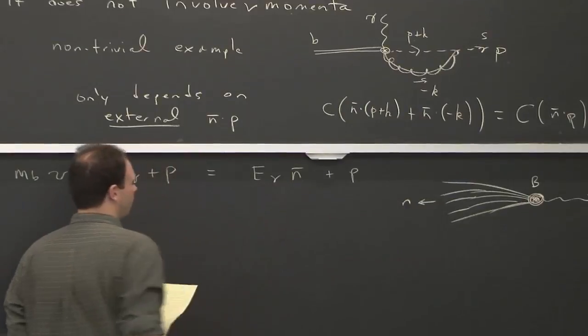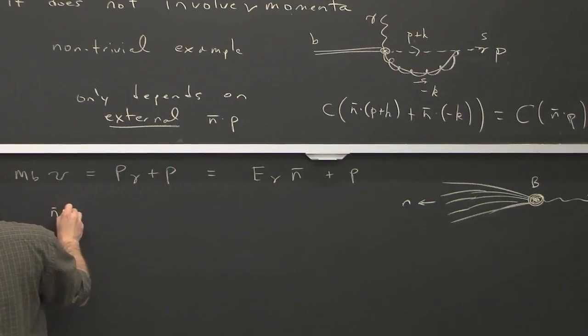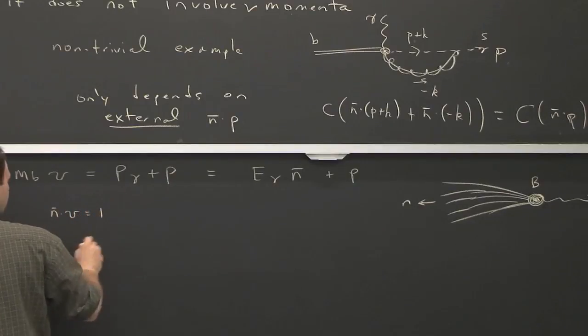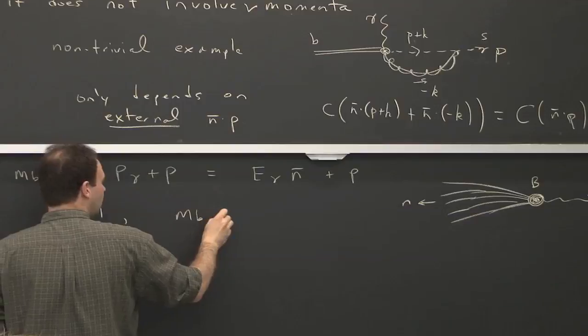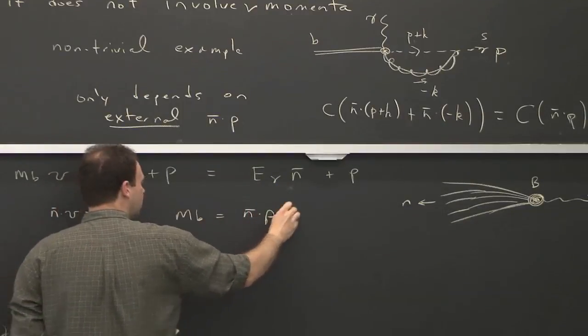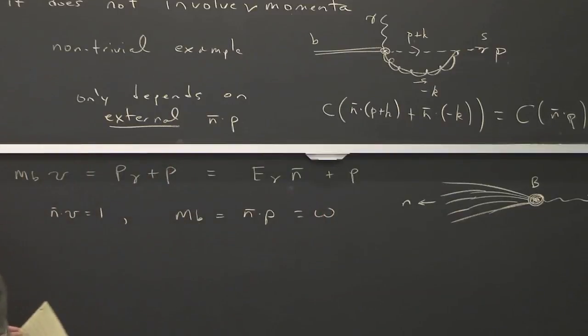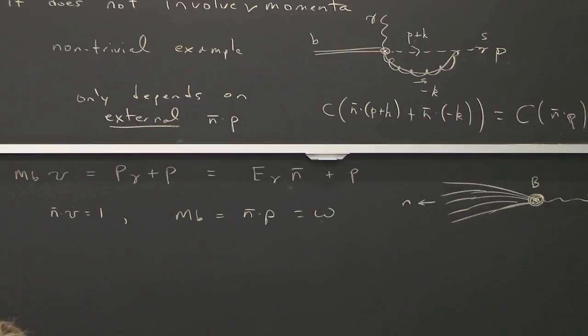And so if you dot into this equation n bar, since n bar dot v is 1 in conventional coordinates, we just get that m_b is 0 plus n bar dot p. And that's the statement that omega was just m_b. So when we were doing our loop calculations last time, we kept writing m_b. We couldn't have been more careful because kinematics was demanding that this was true.